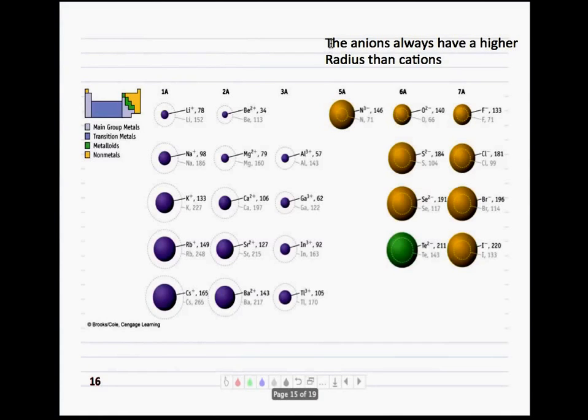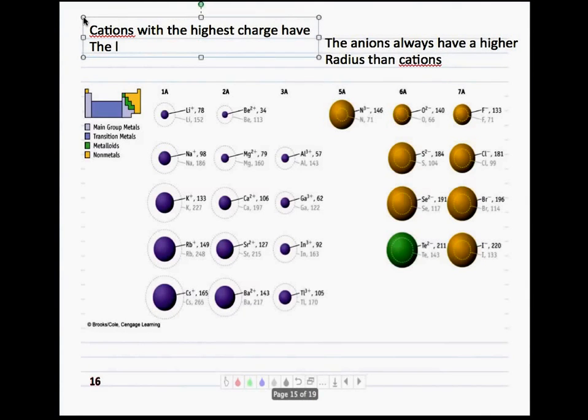So when I'm comparing the cations together, the cation with the highest charge has the smallest radius.